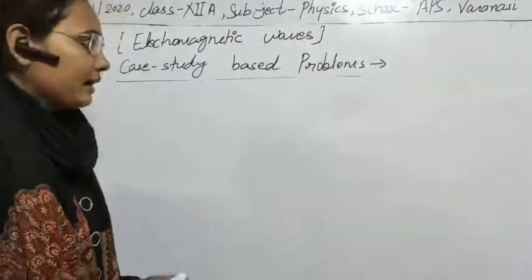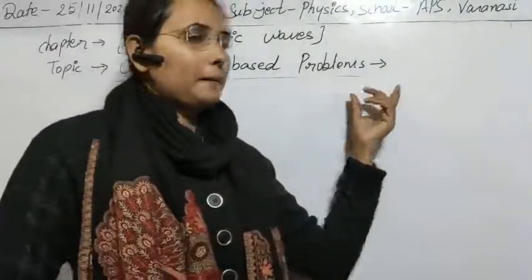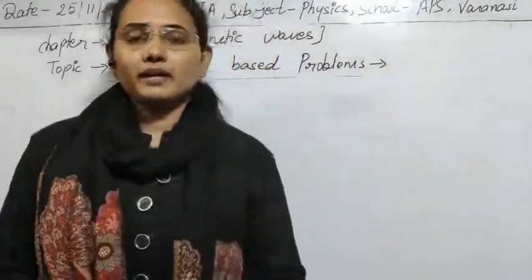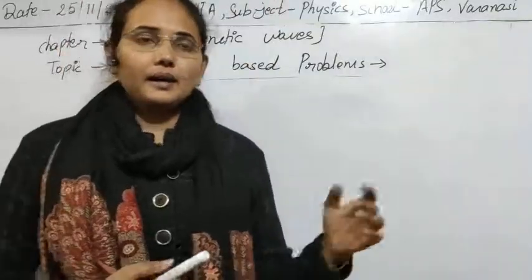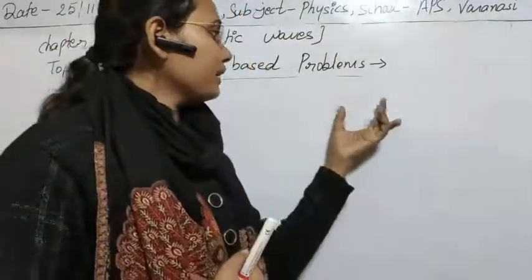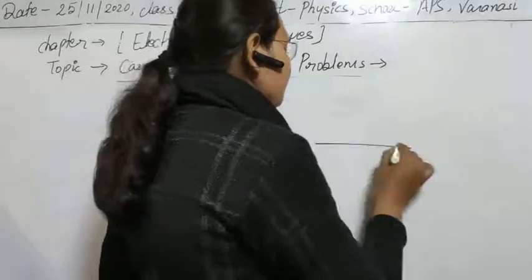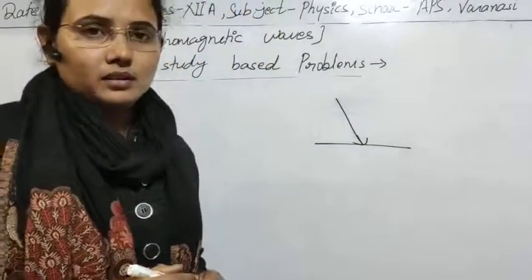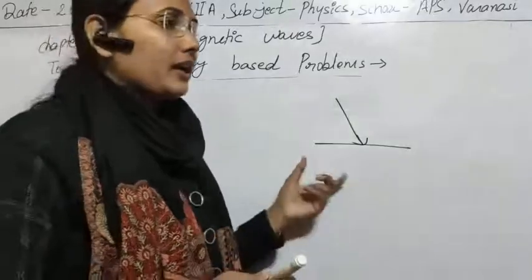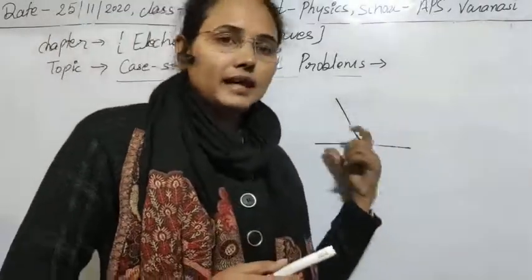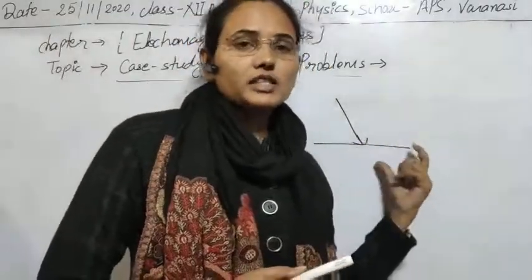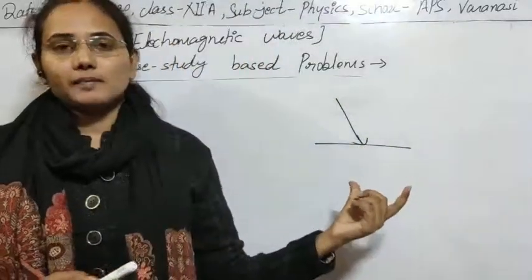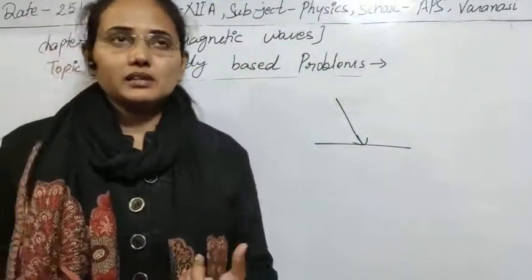Suppose I ask: if an electromagnetic wave is propagating and it falls on any surface, what effect will it show? It is a very simple question.